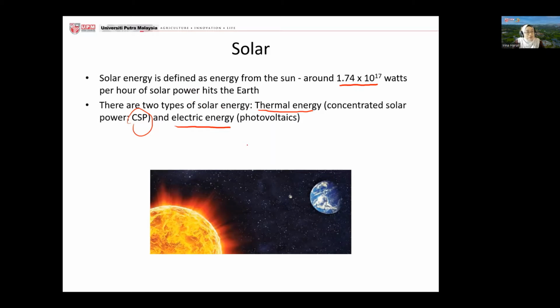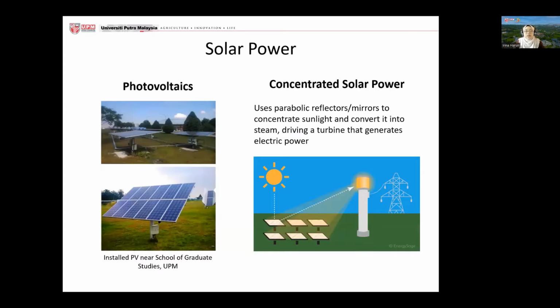It's used to convert the solar energy into electricity. Otherwise, when it is thermal energy, it's actually using that solar energy to be converted into heat. We'll see how these two are different later on.